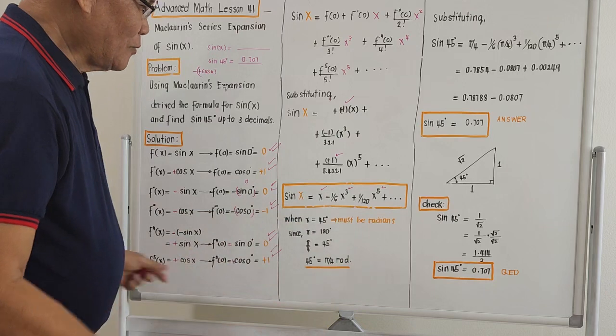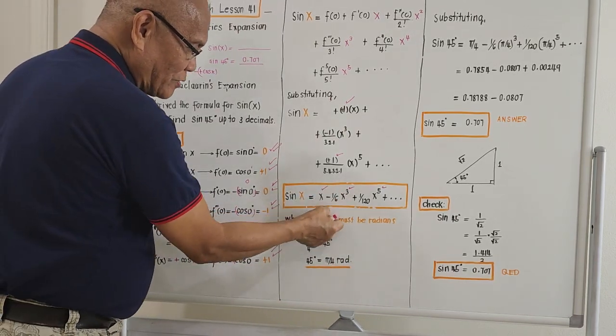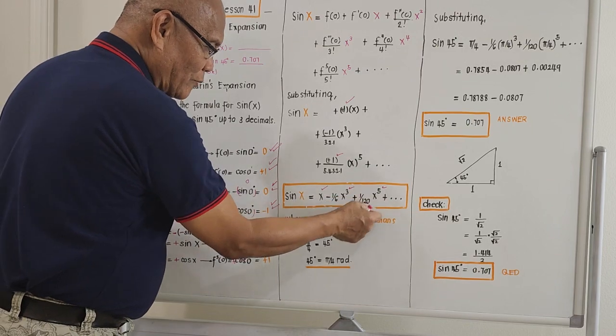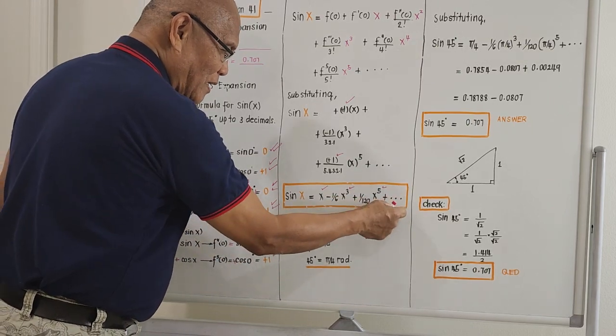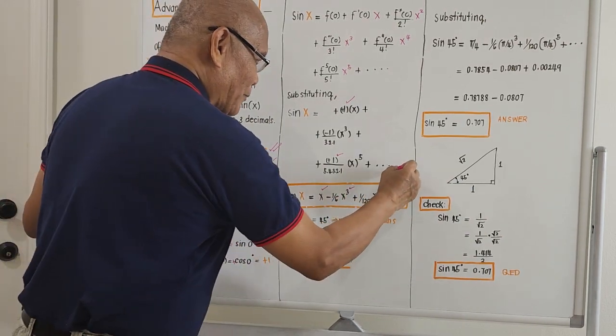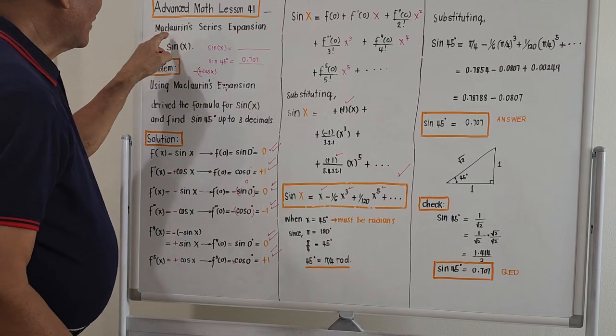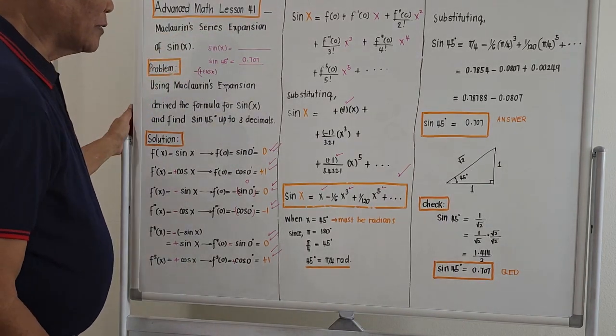So in general now, sine of x will be equal to x minus 1 over 6 x cubed plus 1 over 120 x to the fifth plus certain minimal values over here. So this is our first answer. That is the relation of sine of x by using the Maclaurin series expansion.